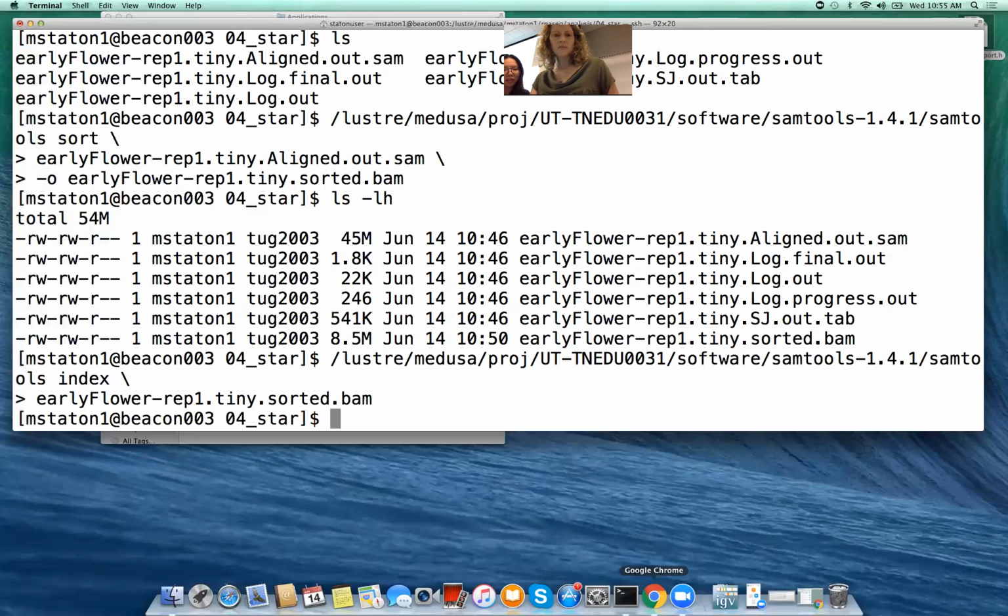INDEX. And then just the name of the BAM file. This is the BAM file. Or maybe the whole index. Are you sure about that?